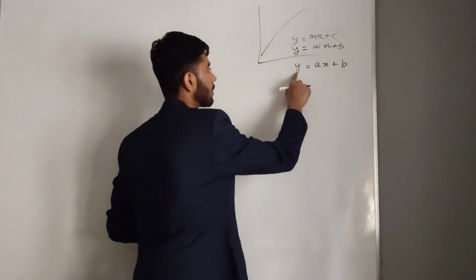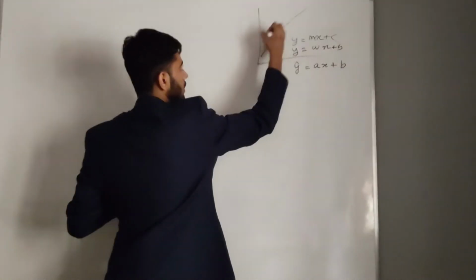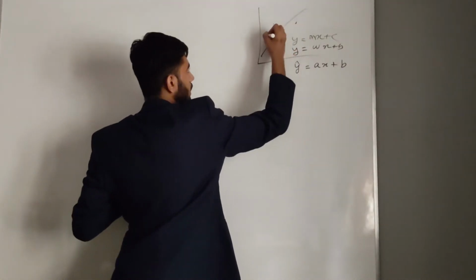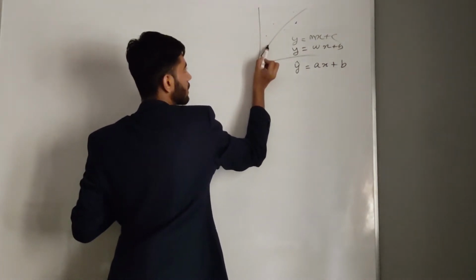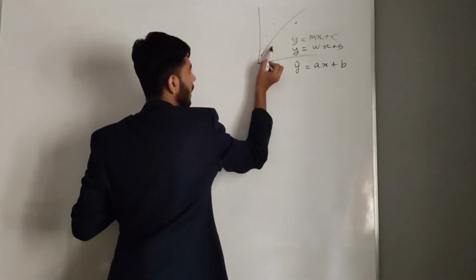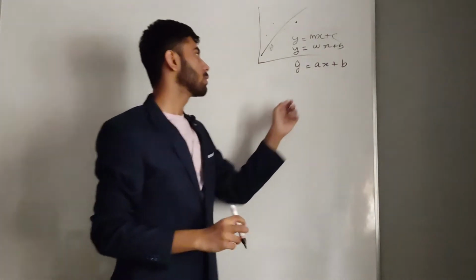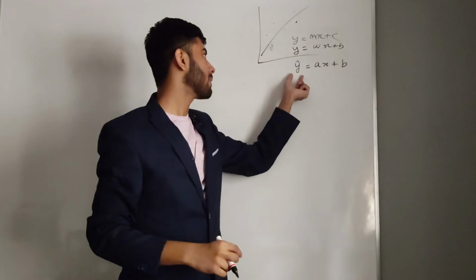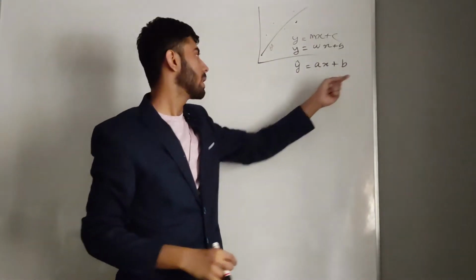And since this is a predicted value of y, this is going to be y cap. If this is my data set, this value is going to be my y, and this predicted value is going to be my y cap. I have to predict my y cap. So in order to predict my y cap, I need to have the values of all three variables.